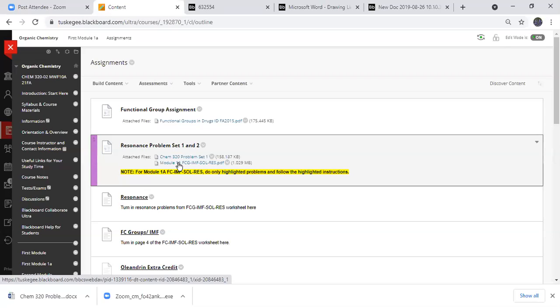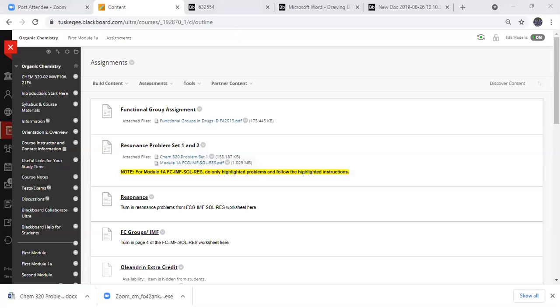Yes. All right. So let's jump back into our handout. We're going to do more resonance problems, and then we're going to do a couple of functional group problems.